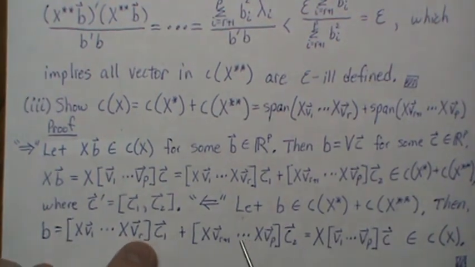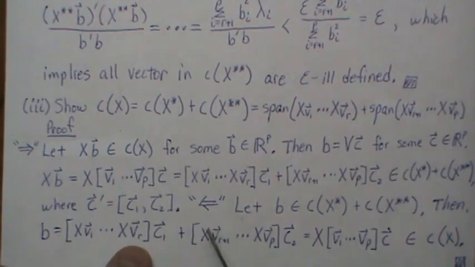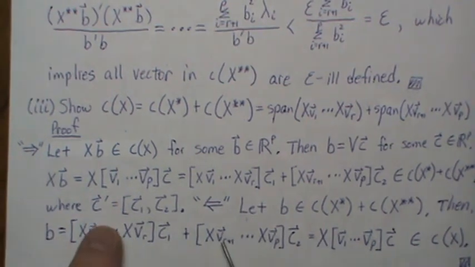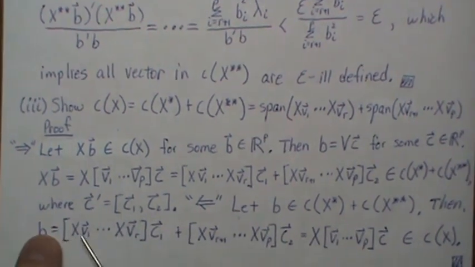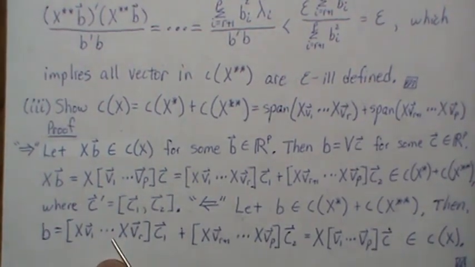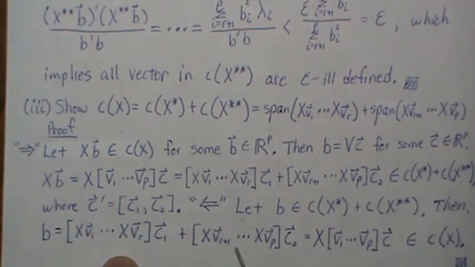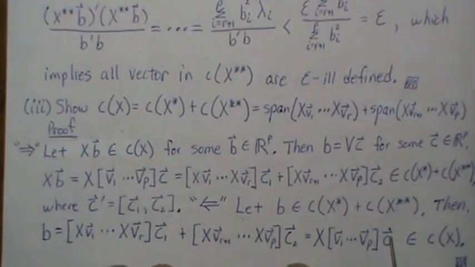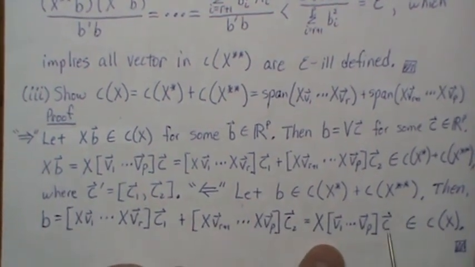But this is the same. So if we back this out, we take the X's and factor them out and then take it out. And then we can write V1 through Vr and Vr plus 1 to Vp like this, right? Where c is c1 and c2.